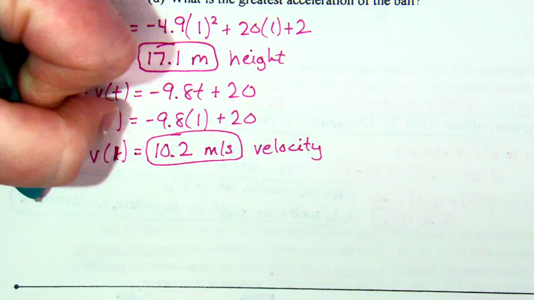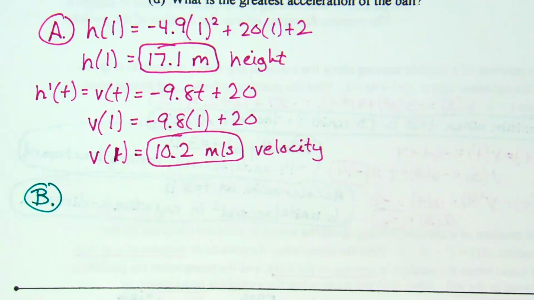Okay, part B. At what time t is the ball the greatest distance above ground? When the velocity is 0? Because what's happening at the greatest distance above ground?